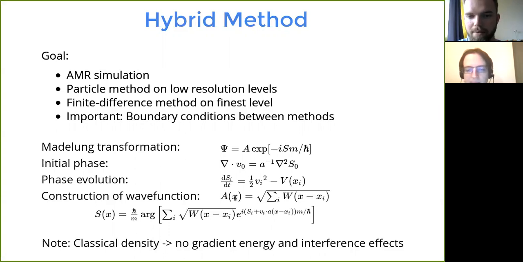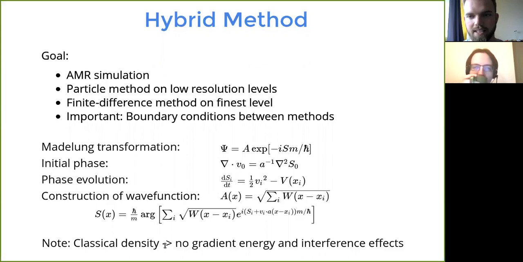And also the amplitude is constructed as the square root of this averaged density obtained by the cloud-in-cell method. So each particle is associated to a kernel, and then we sum up those kernels on a grid, and then the square root of that classical density we use as the amplitude.